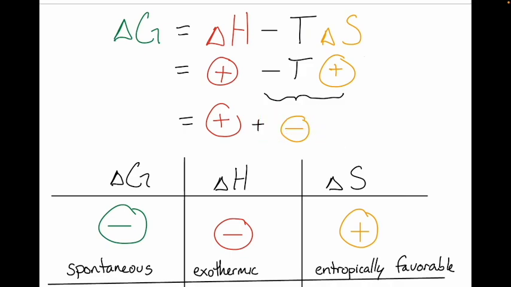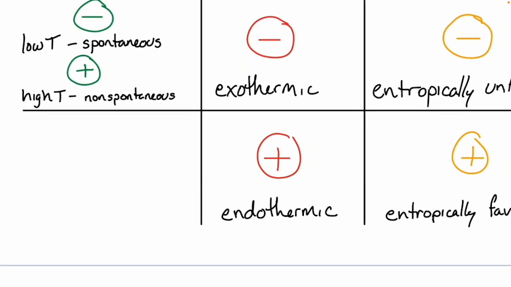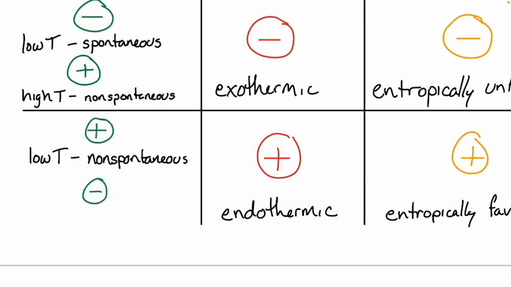This term will drop out and my delta G is positive. So at low temperatures, this reaction is non-spontaneous. Delta G is positive. But once I increase my temperature high enough, that entropy term will dominate and this reaction will become spontaneous.